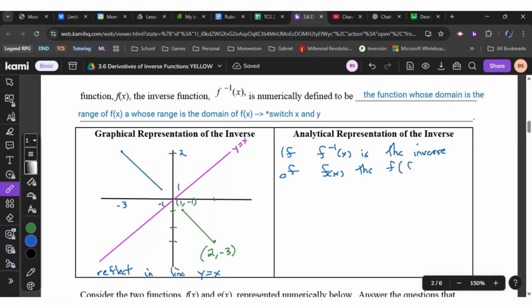F of f inverse of x is just x, and f inverse of f of x is also x. We're just switching x and y.